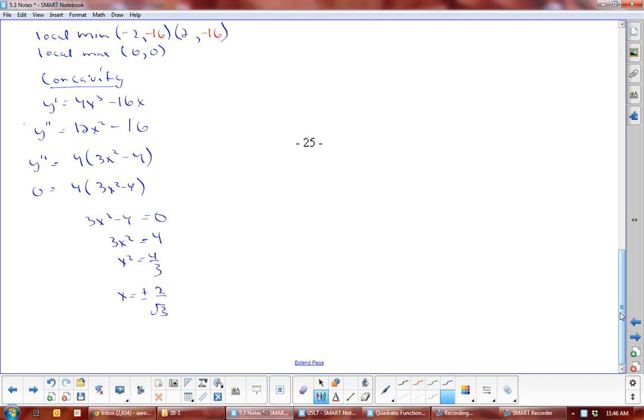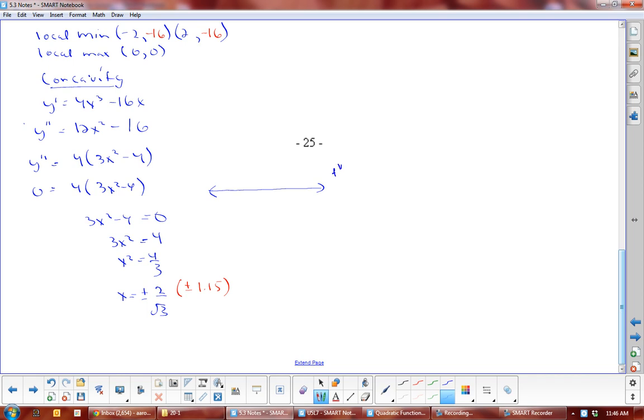Okay, and what's that? It's about 1.15. So plus or minus 1.15. Since I have to do an interval test, it's nice to know what 2 over root 3 is.